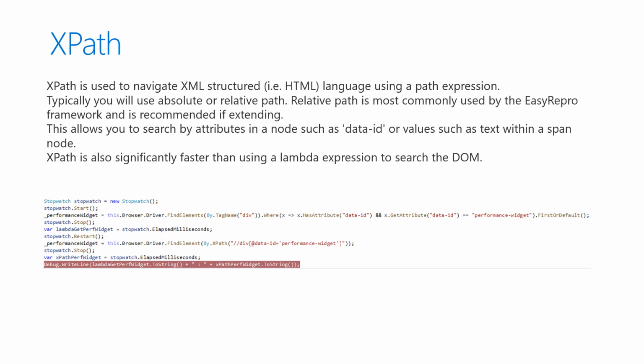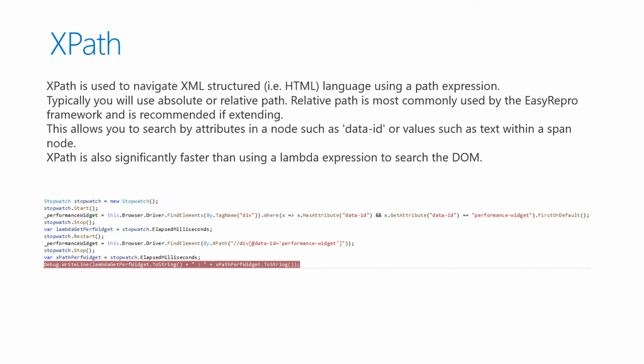XPath has actually been around for quite a while, and it's not used just for HTML, but is a way to navigate XML structured languages using a path expression. Typically, you'll work with either absolute or relative paths, which we'll show on the next slide. Relative is most commonly used by the EasyRepro framework, and it's recommended if you're going to extend. That allows you to search for attributes in a node, such as data ID, or values such as text within a span node.